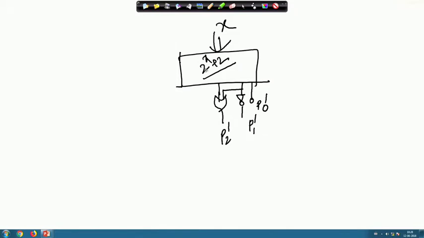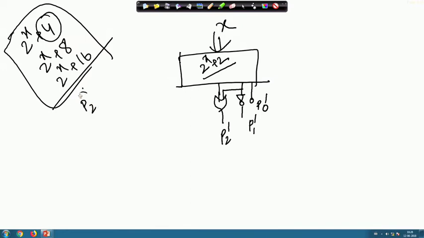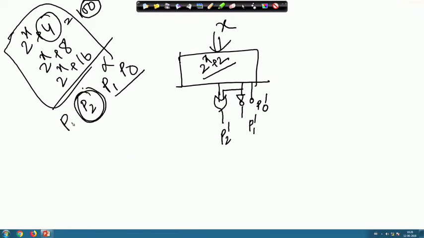Now if I ask you to design 2 to the power x plus 4, or 2 to the power x plus 8, or 2 to the power x plus 16, something like that, what can you do? 4 means it will start affecting from the third bit, not P1 and P0. 4 is 1 0 0, so as I am adding 0 0 at these bit positions, these two will not be affected, and it will start affecting P2 and P3.